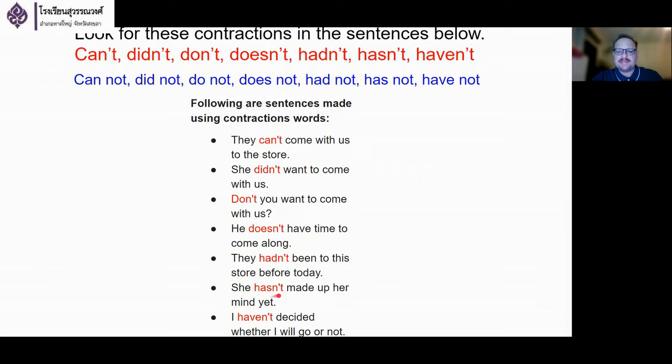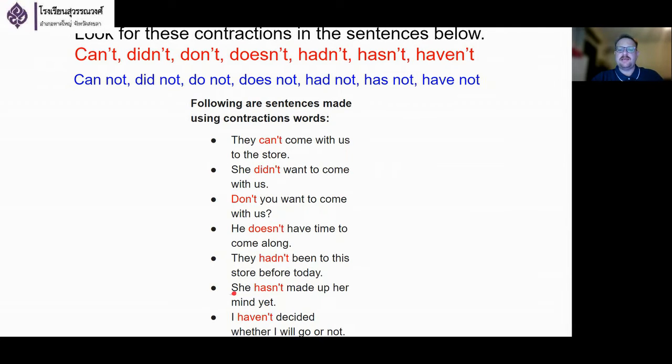She hasn't made up her mind yet. She has not made up her mind yet. Well, another not. Not with the missing O, but there's an apostrophe there. Now it's one word, but there's an apostrophe.